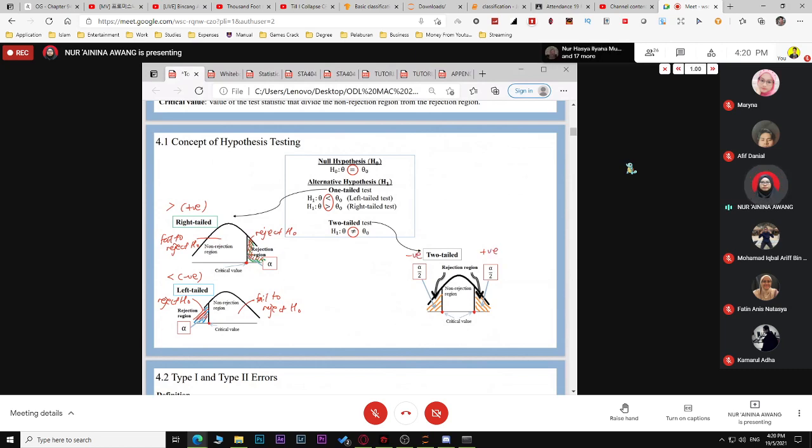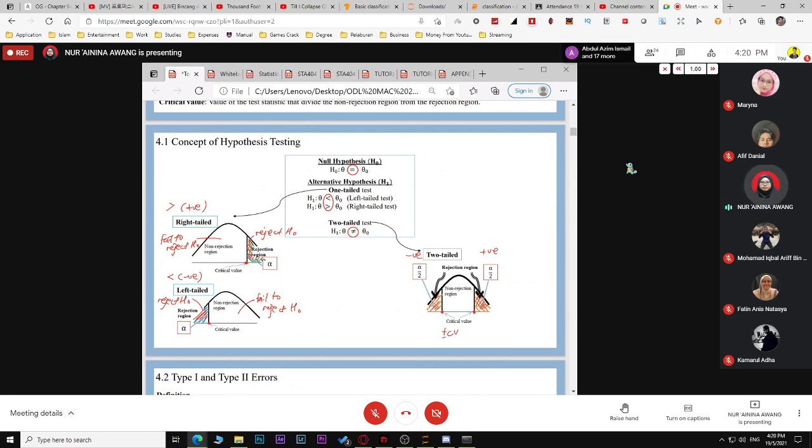So this will be your rejection region, and this one is your non-rejection region, and then this is your critical value. So you will have positive and negative critical value. And since the case is two-sided, your alpha needs to be divided by 2.